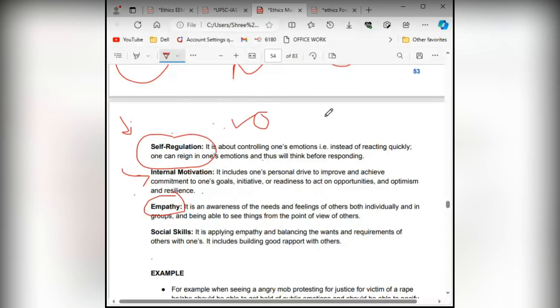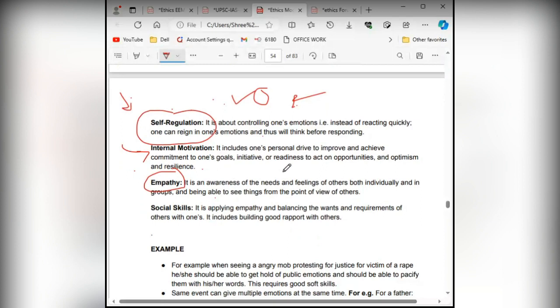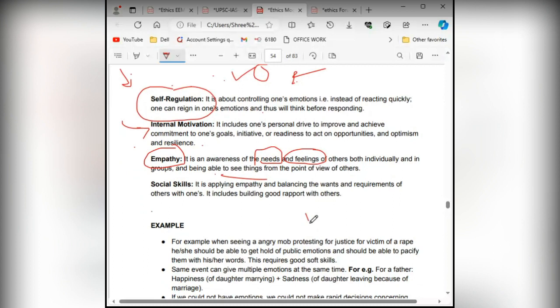It means you are putting yourself into the shoes of others. You are trying that if this has happened with them, how would it be if it happened with me? So you are making yourself aware of the feelings of others. You are trying to understand their needs and feelings, and then you are making your POV, point of view.